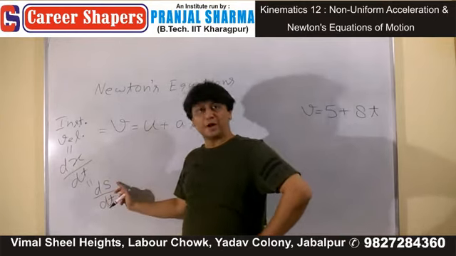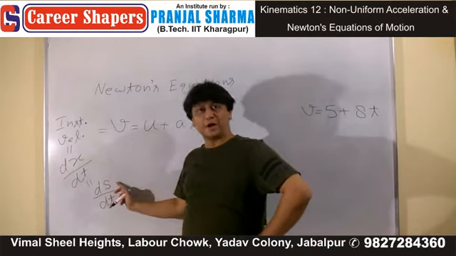Now, cross multiply this dt over here. This becomes u dt plus a into t multiplied by dt. You're multiplying dt with this and this. Integrate this whole part.